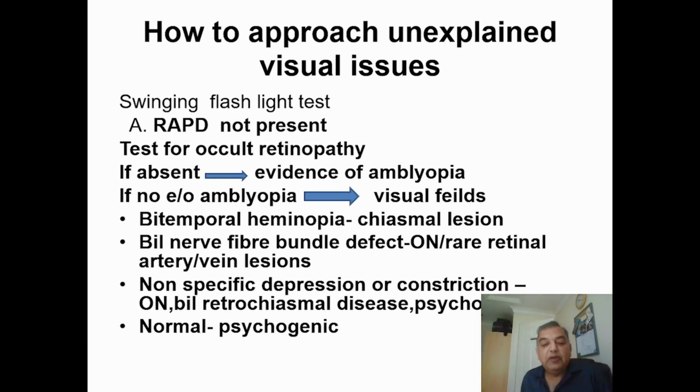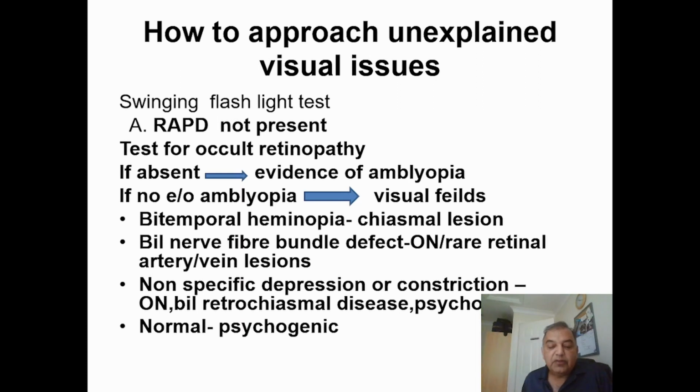If it's a bitemporal hemianopia, then it's likely to be a chiasmal lesion, usually a pituitary lesion. If it's a bilateral nerve fiber defect, that's optic neuritis, which is rare, it's usually unilateral, or it could be a retinal artery or retinal vein lesion, which tend to be more catastrophic and more acute in presentation.